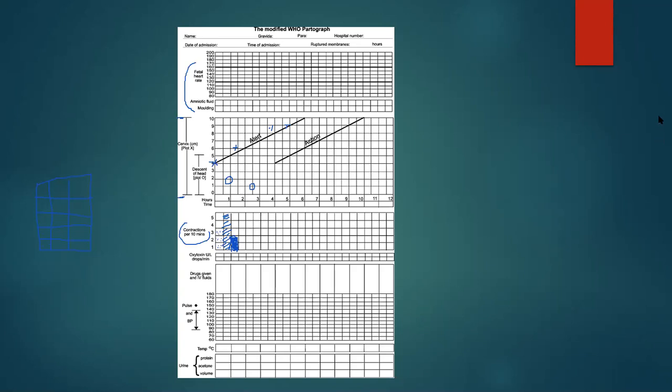Please, I have a question for the contractions. Yes. Okay, for the contractions, if the patient is having 2 mild contractions under 40 seconds, do you take 2 parts, like 2 lines? 2 mild contractions under 40 seconds.